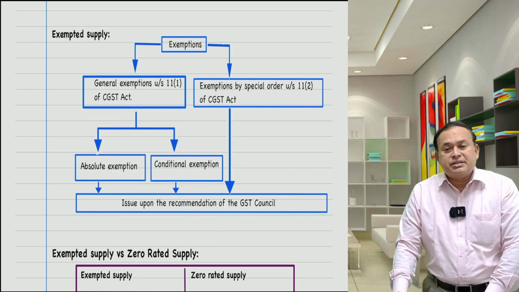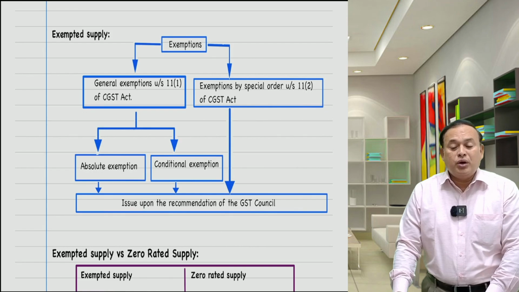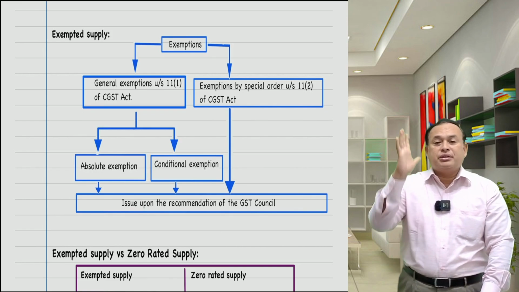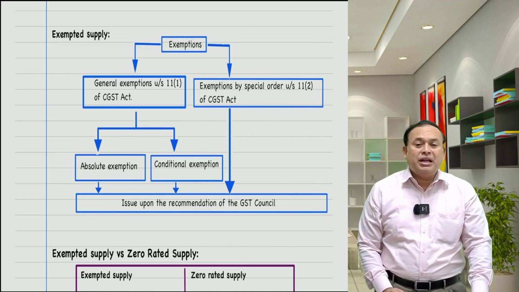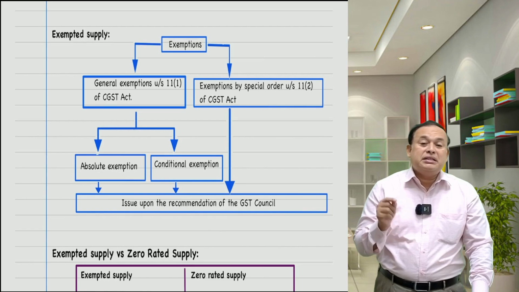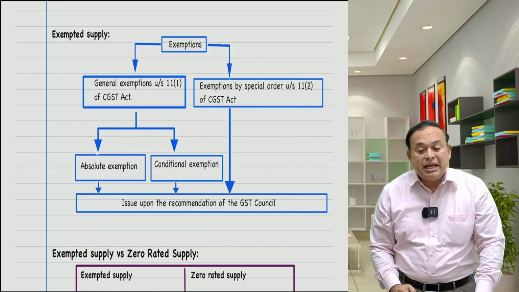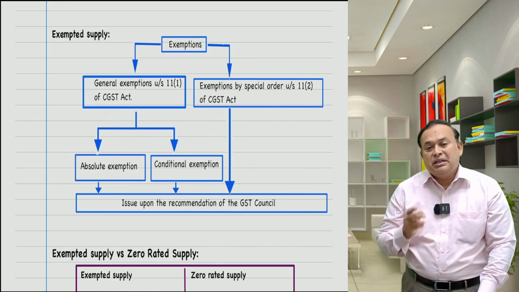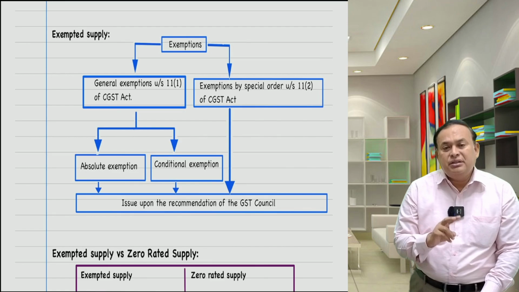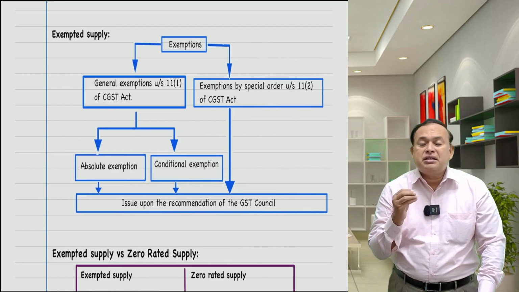General exemptions referred in section 11.1 consist of one, absolute exemption. The other one is exemption by imposing some conditions, which is called conditional exemption. General absolute exemption as well as conditional exemption form part of the general exemptions.